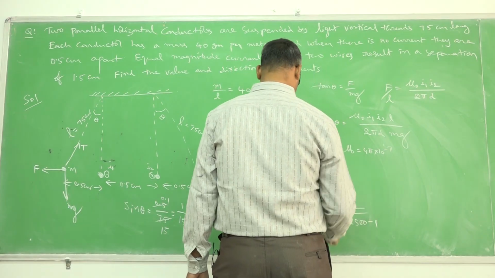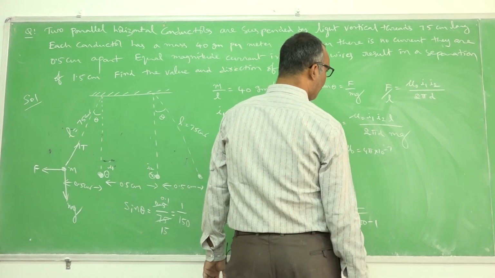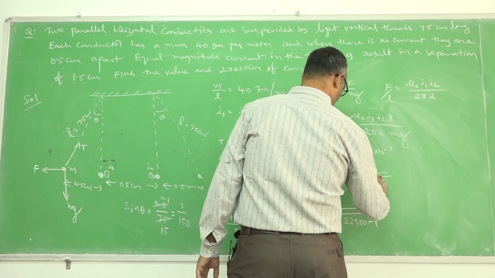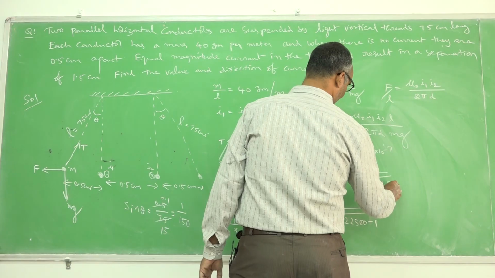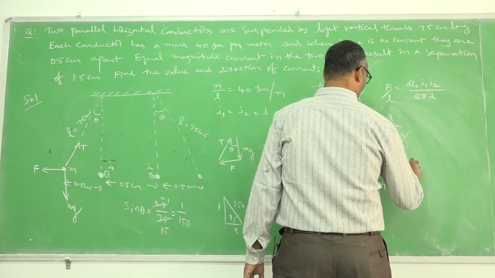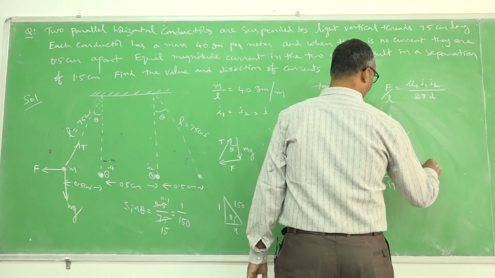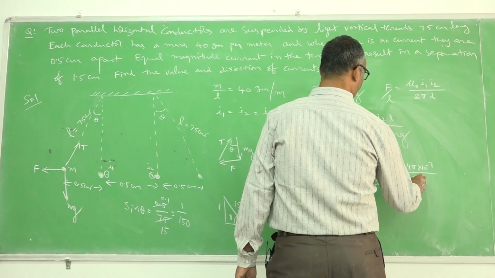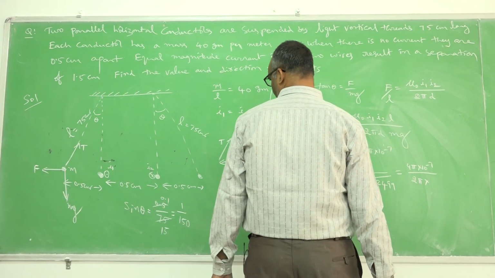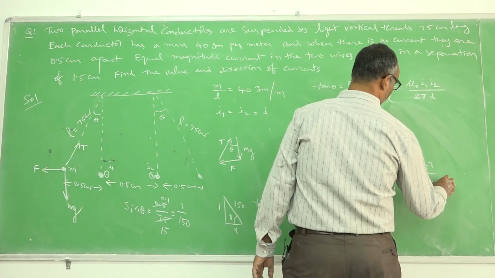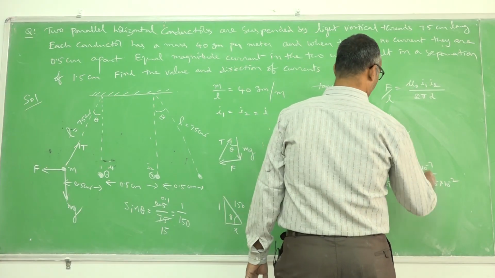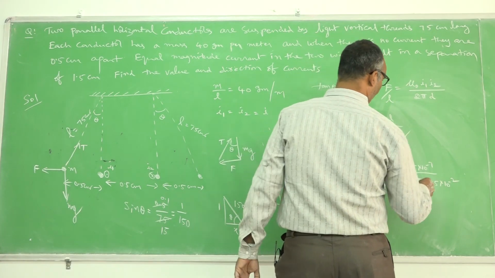So by substituting the tan theta value here, 1 by square root of 22499 is equal to mu naught, 4 pi into 10 power minus 7, by 2 pi. The new separation is 1.5 centimeters, 1.5 into 10 power minus 2 meters. M by L value is directly given.